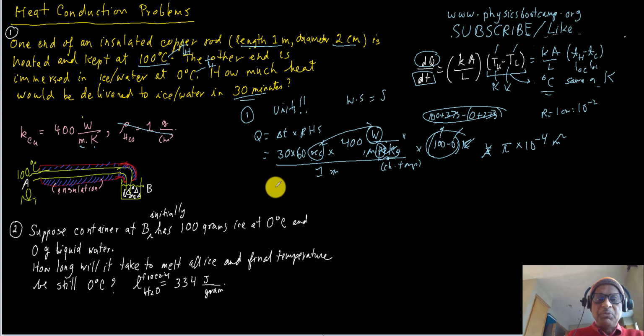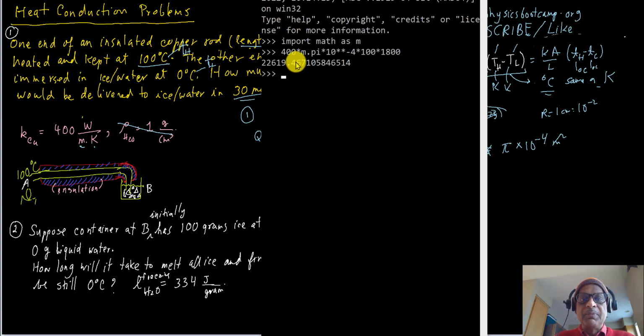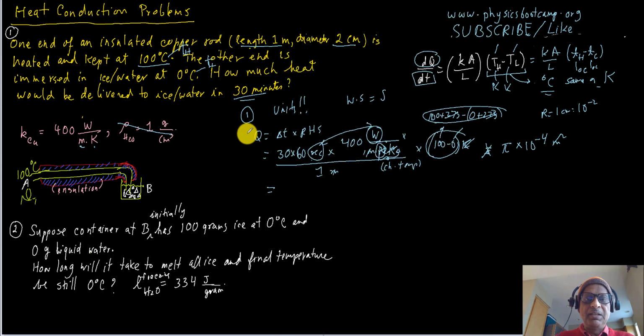So this whole thing becomes joules, and I will put it in the calculator. 400 pi 10 to the minus 4, 100 times 1800 for 30 minutes. I think it's 22,620 joules. It's a very simple problem, right?